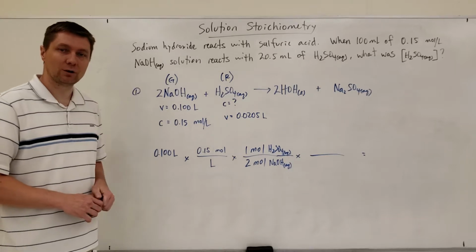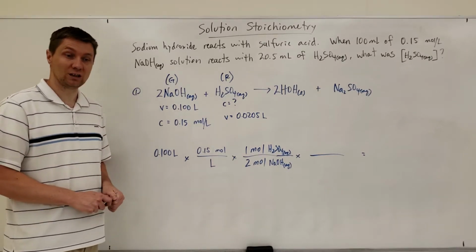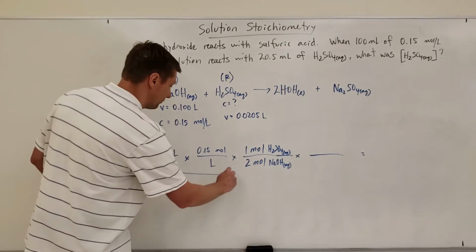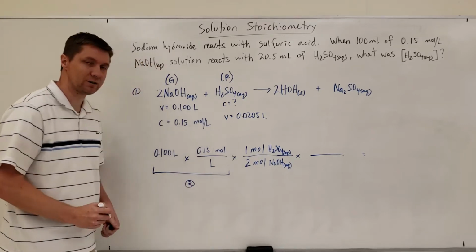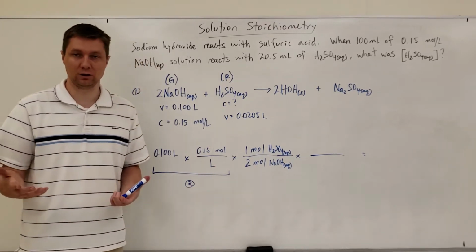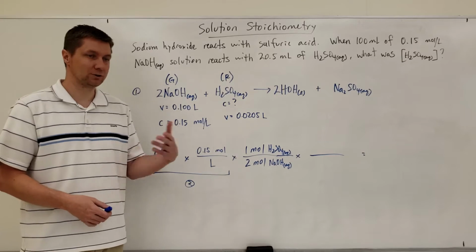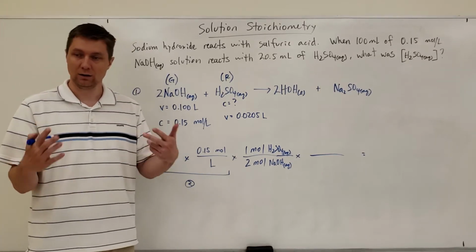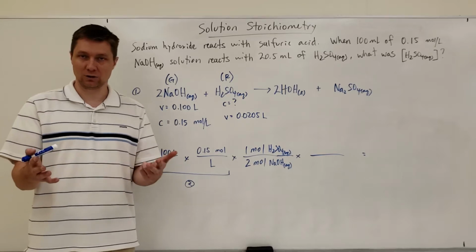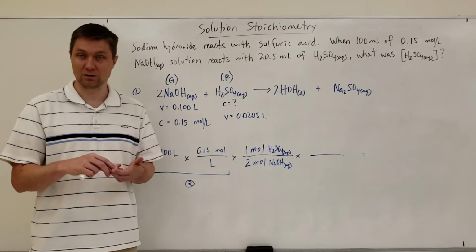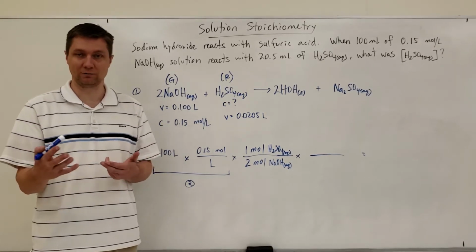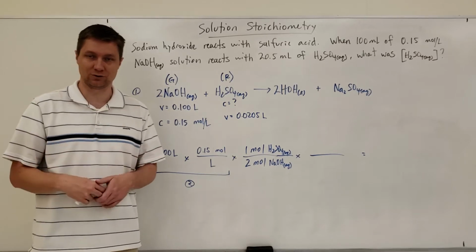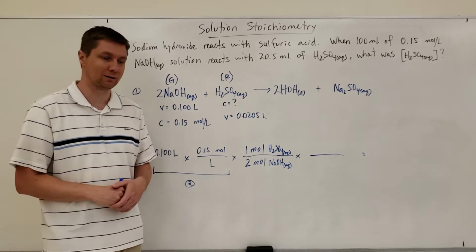I've got a balanced chemical equation. Step 2, calculate the moles of the given. So here's step number 2. The only thing that's different here is how I'm calculating the moles of the given. In gravimetric stoichiometry, how I do it is I use a mass and a molar mass. In gas stoichiometry, I might use a mass and a molar mass, or if I'm given a volume, I would use pressures and temperatures and the ideal gas law to do that.